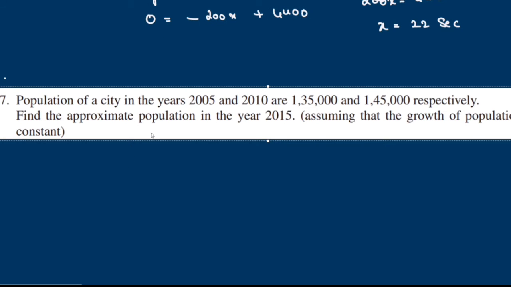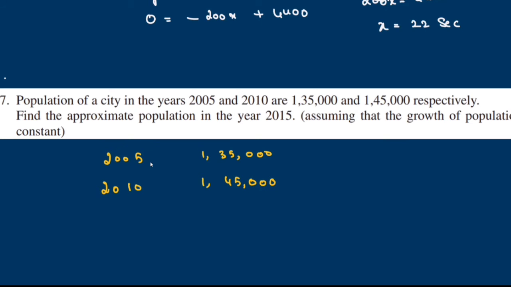The population of a city in the years 2005 and 2010 are given. So in 2005, the population is 1,35,000. In the year 2010, what is the population given? 1,45,000.